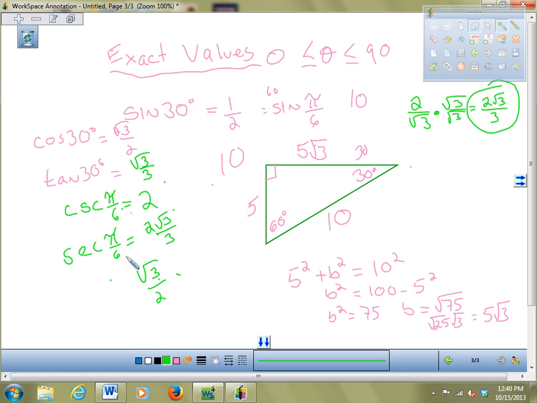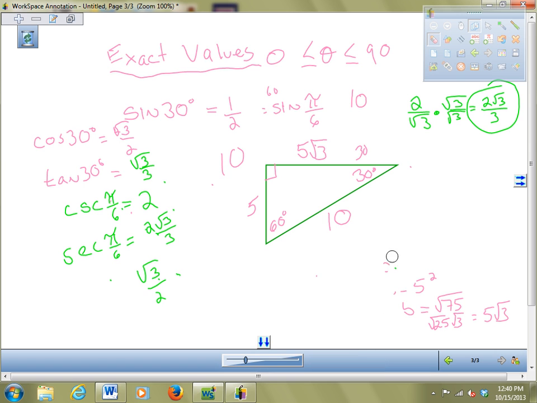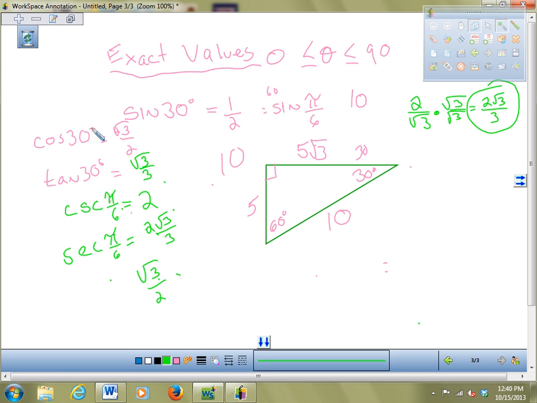But I would do it based on a unit circle, a triangle whose radius is 1, because it's easier. You don't have to reduce things. Then to find the other ones: secant we did, cosecant we did, and the cotangent of pi over 6 is the reciprocal of tangent.